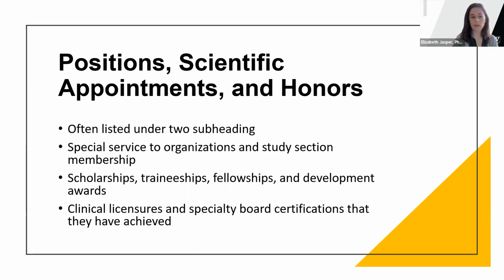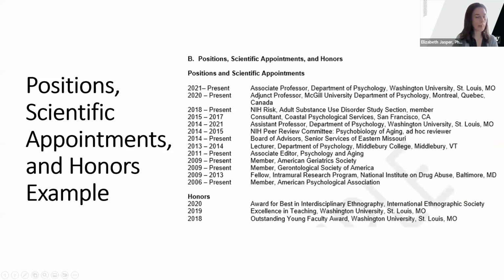Clinicians also need to include their licensures and special board certifications that they've achieved in this section. So this is an example, again, taken from the NIH on how you can format your positions, scientific appointments, and honors. We can see that they're separated out, and in this case, the headers are bolded.